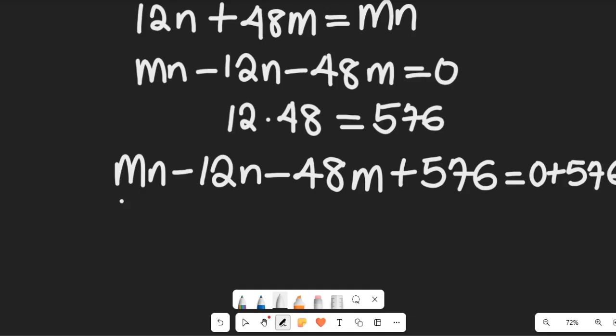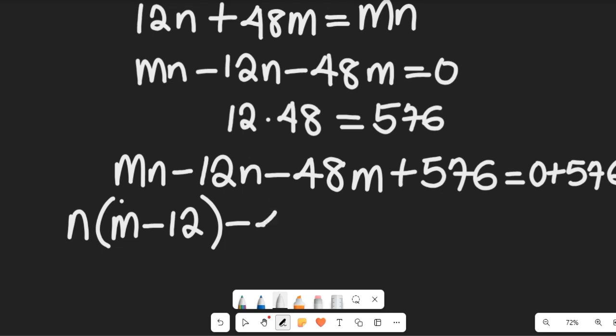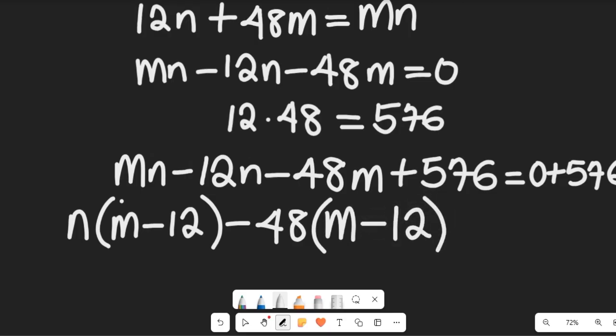So what do I do? Looking at this, n is common, so I'm going to bring out n, and this will be m minus 12, minus 48, and what is common? 48 is common, right? So I'm going to bring out 48, and then we'll have m minus 12, and all of this will be equal to 576.